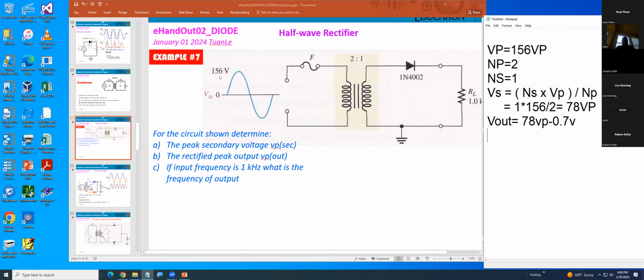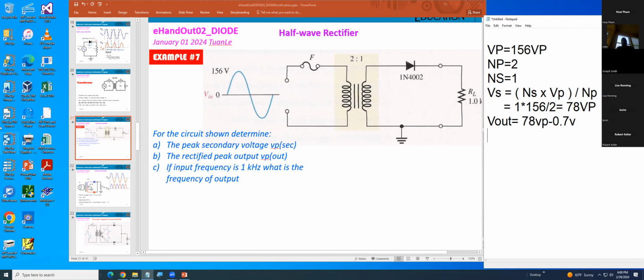Right now, 156 is only the peak. So the V output will be 78 volts for the V peak. Then you minus 0.7.